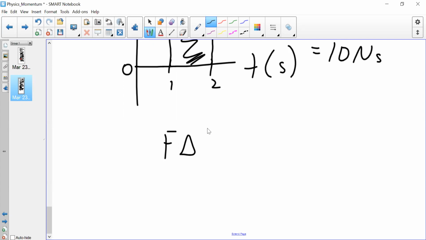Why is that? Because impulse is equal to a change of momentum. That's our definition that we started off with. So we have our impulse. This can be written as mass times delta V. And we have a question.